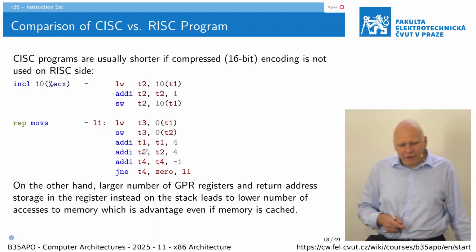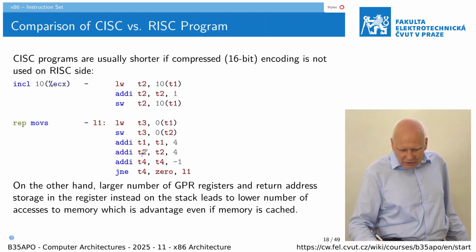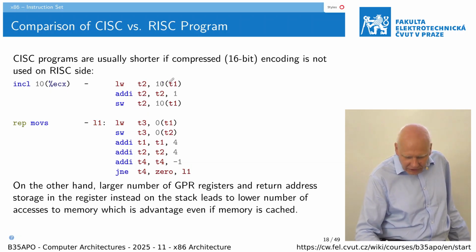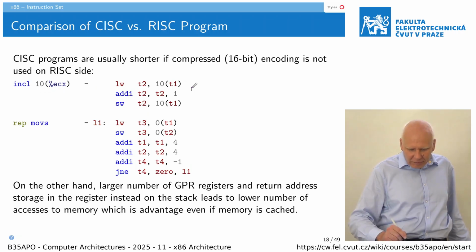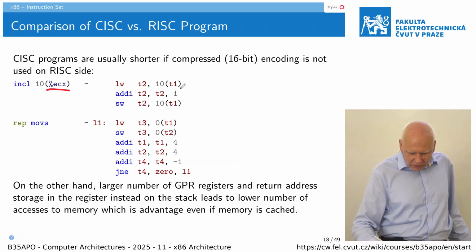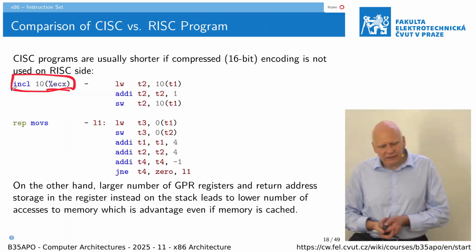For example, here we have an attempt to increment a 32-bit value in a local variable at a given location in memory at some offset. You see that in this case we get a single instruction in the Intel syntax.